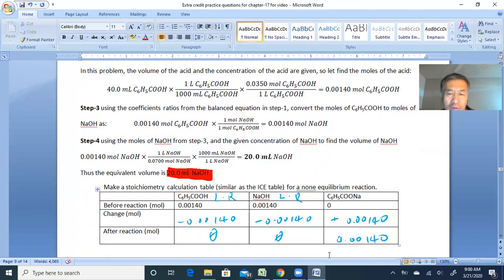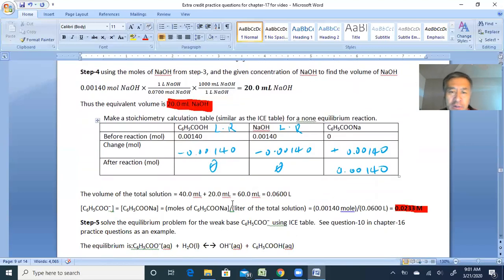After the reaction, we produce some of the conjugate base, and how much we produce depends on the limiting reactant. In this case, both of them are limiting reactants. So we have this change for the two reactants and this change for the products. Then we have zero left over for the acid and zero left over for the strong base. We produce this much of the conjugate base.